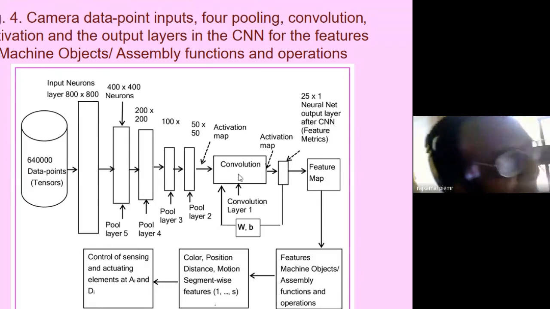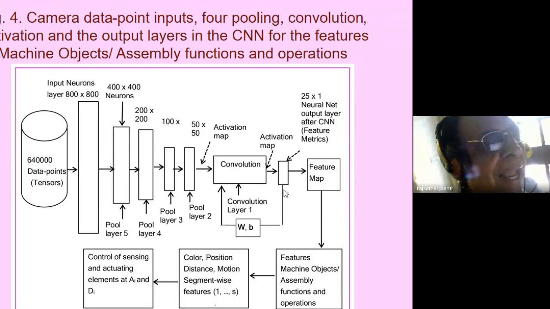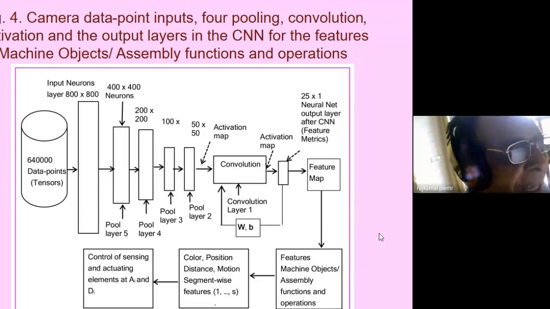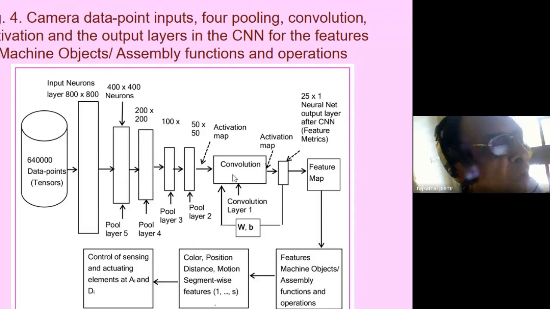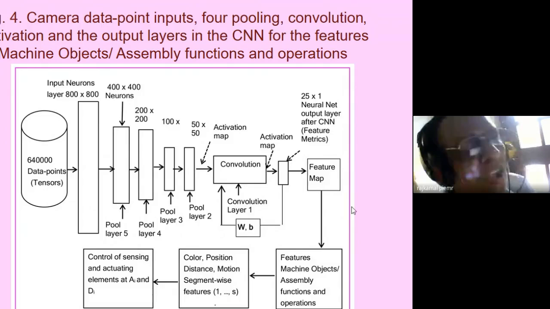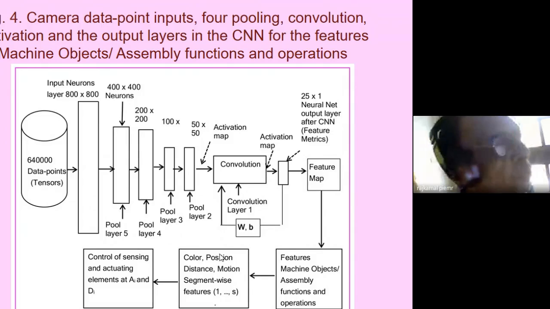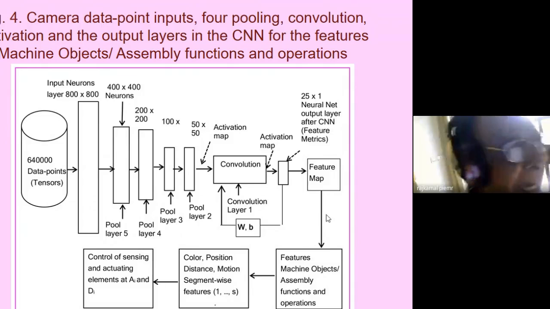And then again it is given as feedback, and then again convolution is done. This process is repeated till my feature map gives the correct inferencing. In other words, my neural network has been trained, my convolution integral has been trained, or my weight factors have been trained, or I am properly able to find out what the weights and biases are with respect to the feature elements, so that my input gives the correct AI inferencing of the data.